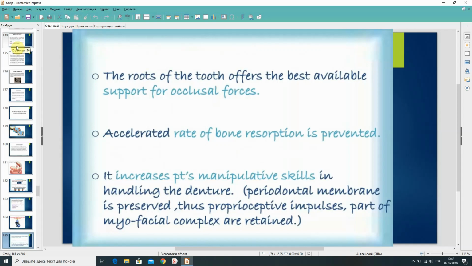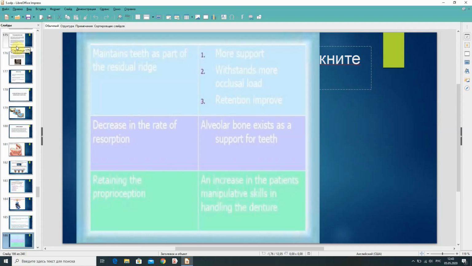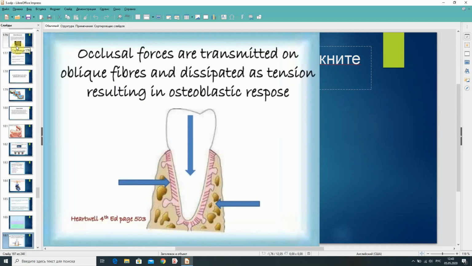Periodontal membrane is preserved. Thus, proprioceptive impulses, part of the myofascial complex, are retained. Occlusal forces are transmitted on oblique fibers and displayed as tension, resulting in osteoblastic response.